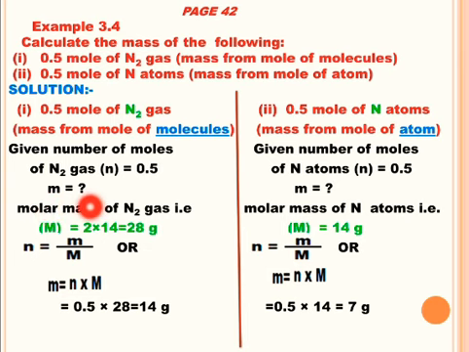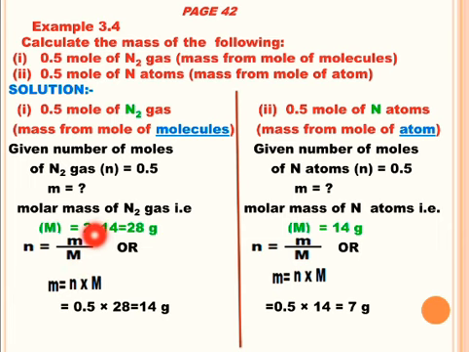And what is the formula to be used to calculate mass? Yes, I'm sure you all are now well versed with all formulae. So formula is small n is equal to small m upon capital M, that is given mass divided by molar mass.